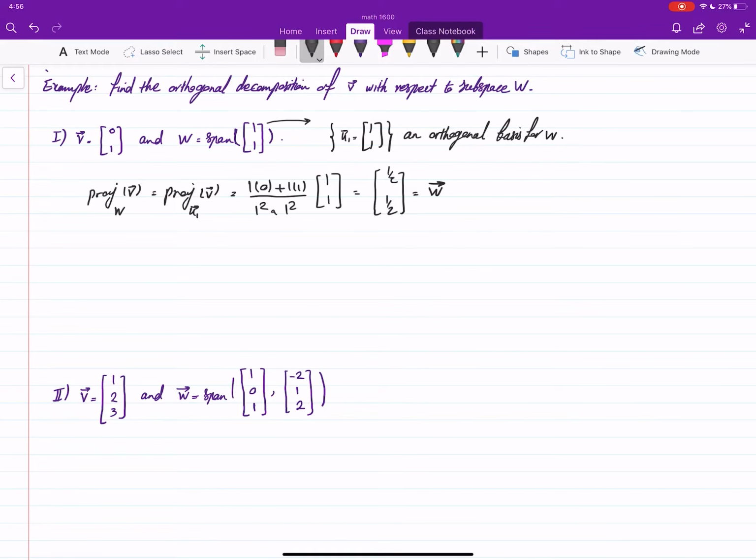How about w perp, the other vector in W perp? That is perp of v over W, which is v minus the projection of v onto W. In this case, v is (0, 1) minus (1/2, 1/2), which gives us (-1/2, 1/2).